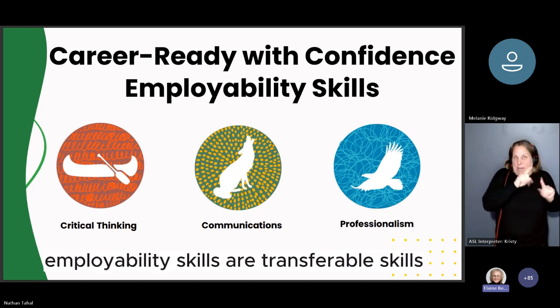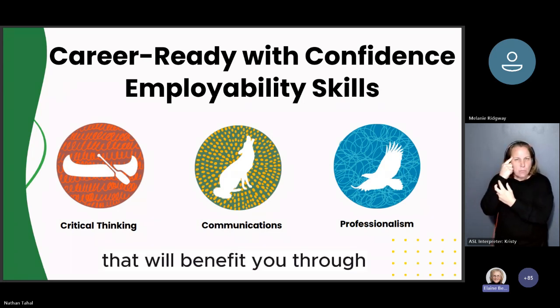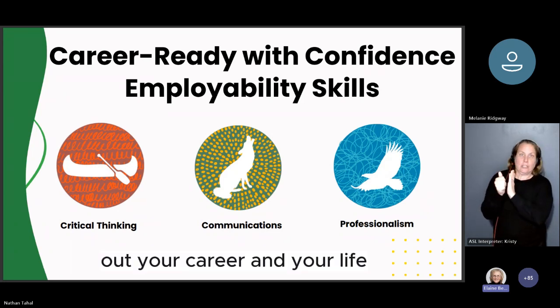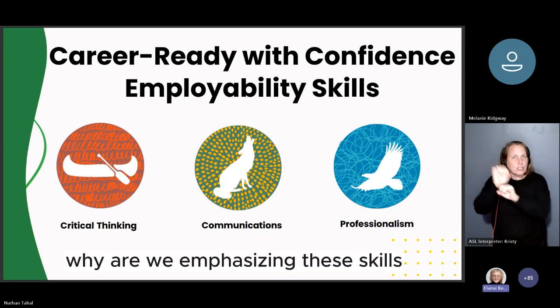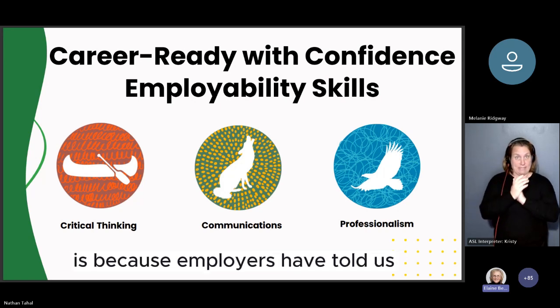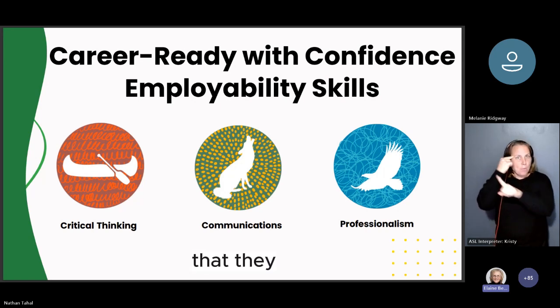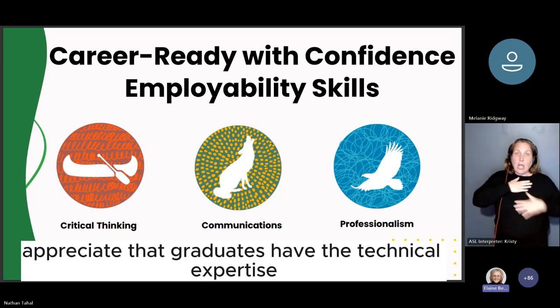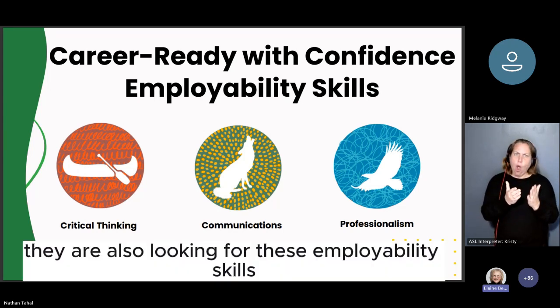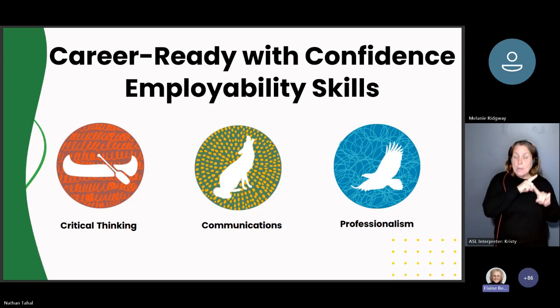Employability skills are transferable skills that will benefit you throughout your career and your life. Why we are emphasizing these skills is because employers have told us that they appreciate that graduates have the technical expertise. However, they are also looking for these employability skills.